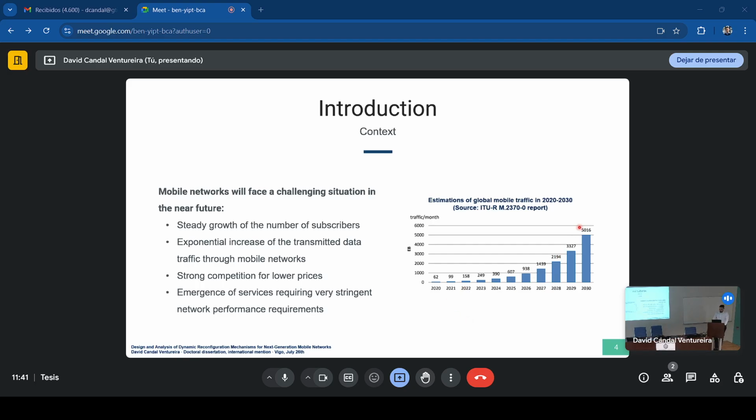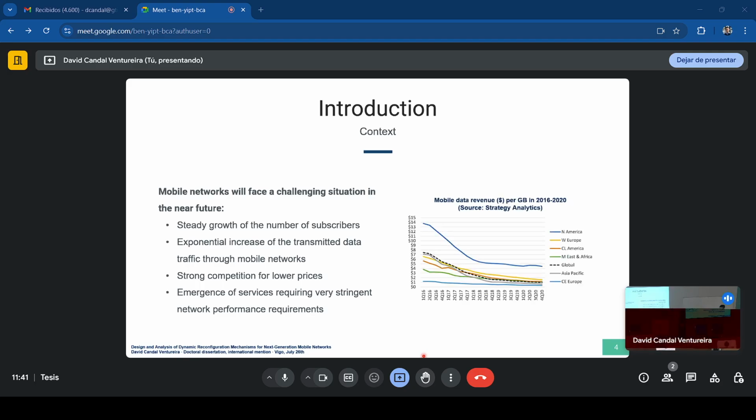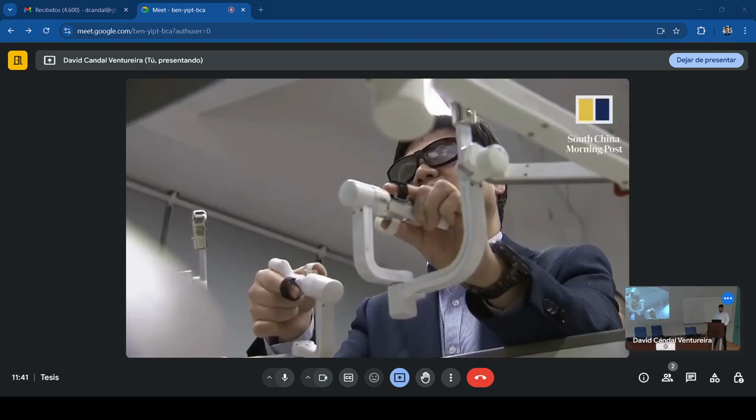Combining both factors, mobile networks will need to handle an exponential increase in the data traffic they must forward. And this is occurring in a context in which users are increasingly demanding lower prices for their data services, and there is a strong competition in the sector to meet these expectations.